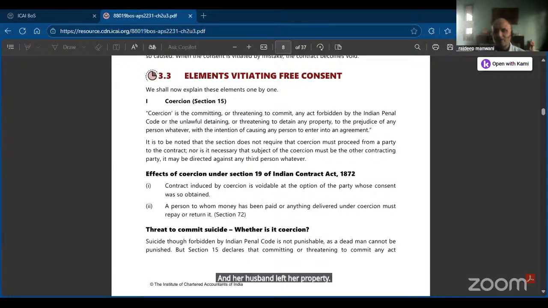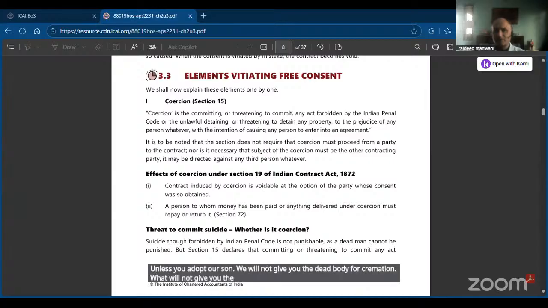Now, the relatives of that husband came to know that if this lady is left alone with the property, we will lose all our rights to the property. So the relatives had one small young boy, and they told this Ranganayaki Amma, see here, unless you adopt our son, we will not give you the dead body for cremation.